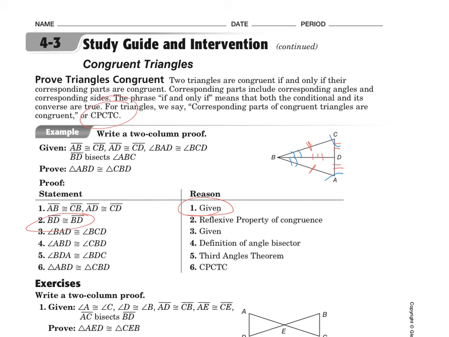So that means that BDA has to be congruent to BDC. And now, since I have all congruent sides and all congruent angles, then I can say my triangles are congruent by CPCTC. Corresponding parts of congruent triangles are congruent.